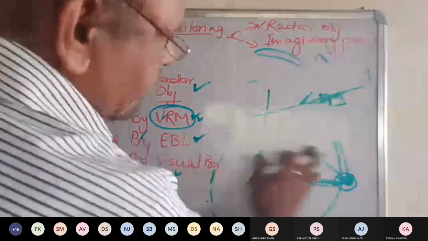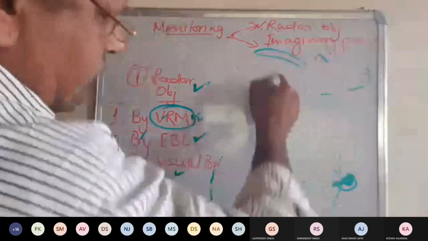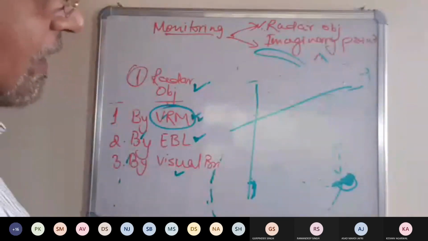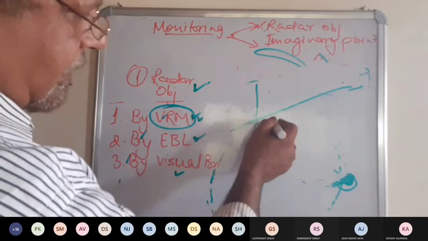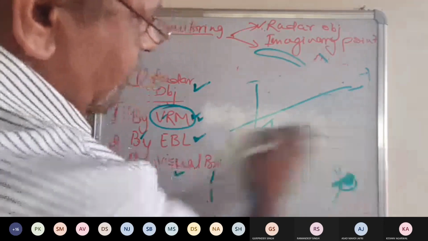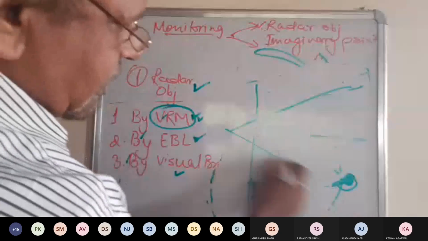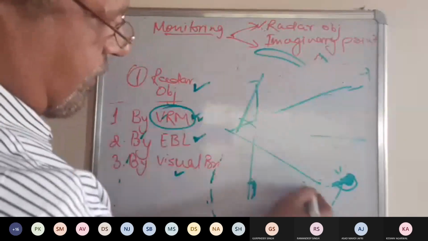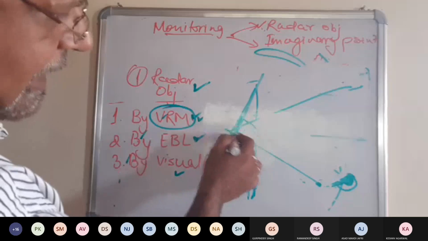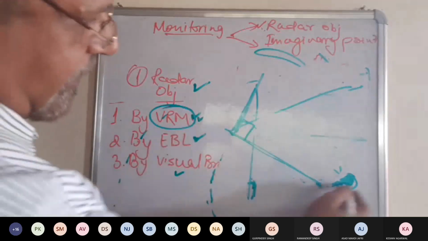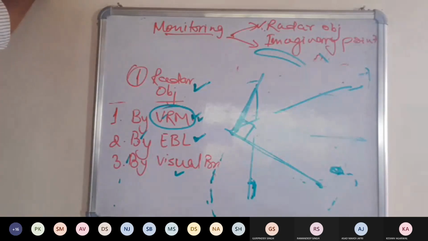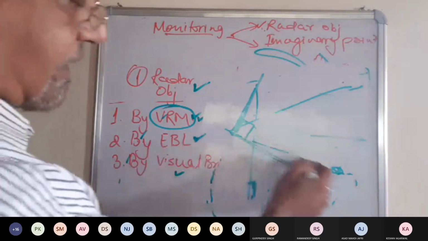If we are moving here and our EBL shows that it is going like this, it means the radar object is coming inside the turn. Our 90 degree EBL, the object has come inside it. Radar object is in this area. That means it is less than 90 degrees.